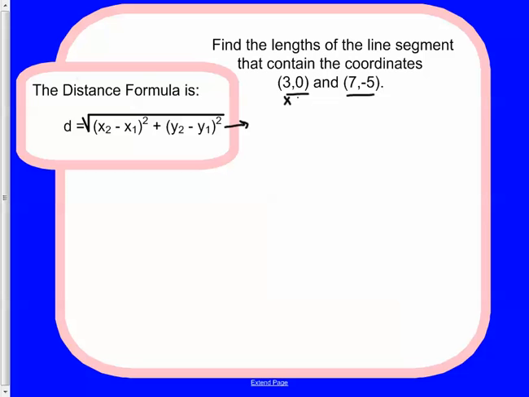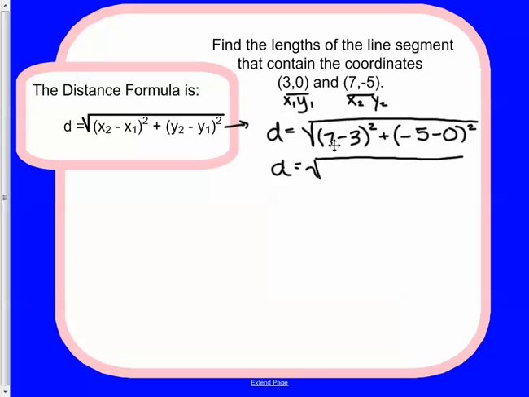Well, we know this is x and this is y, so let's label this x1 and y1, not 2, just kidding. And then this one x2 and y2, and put them in respectively. Now all that's left to do is simplify. 7 minus 3 is 4, square it. Negative 5 minus 0 is negative 5, square it. We get 16 and 25, which look oddly familiar from our Pythagorean theorem formula before.